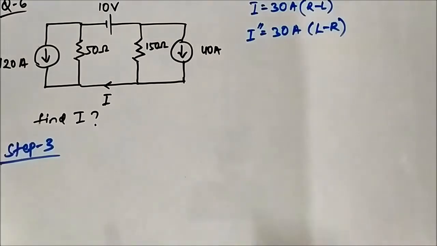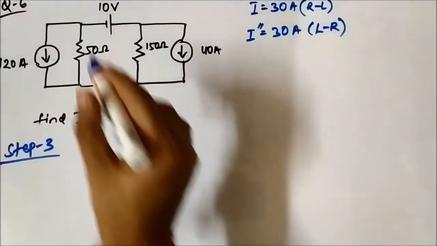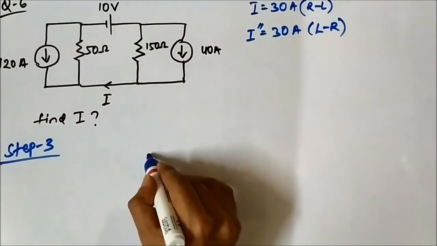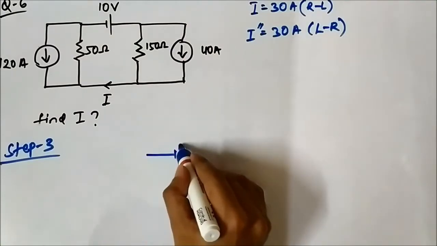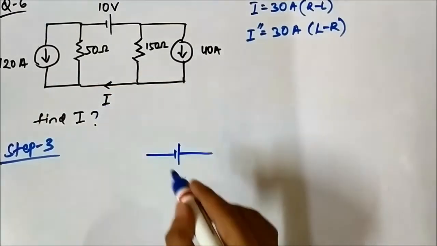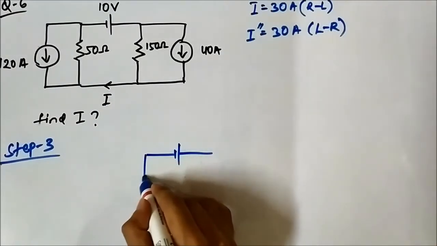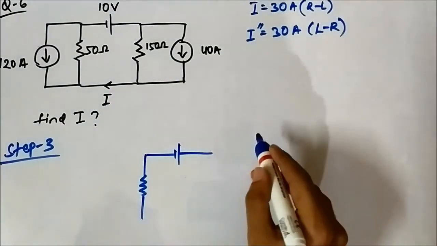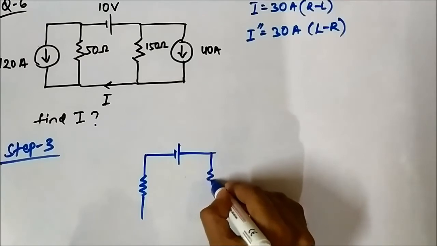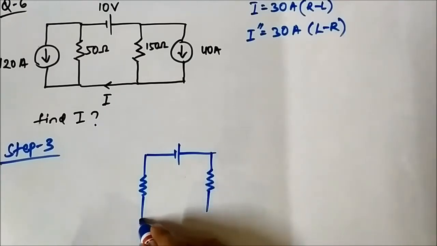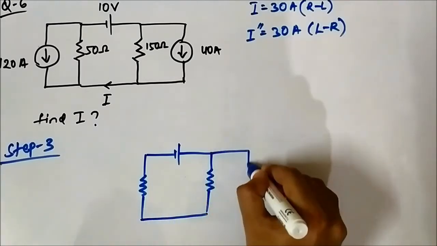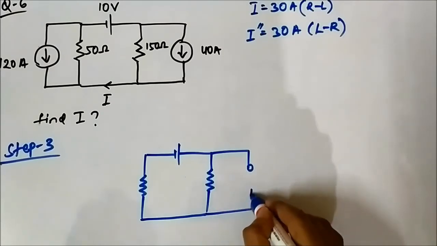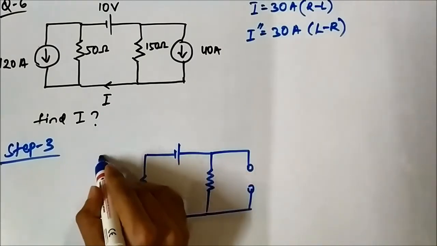So now we will move to step 3, in which we will consider only the 10 volt voltage source while we open circuit the two current sources. So it will be 50 ohm, 150 ohm. These two current sources are open circuited.